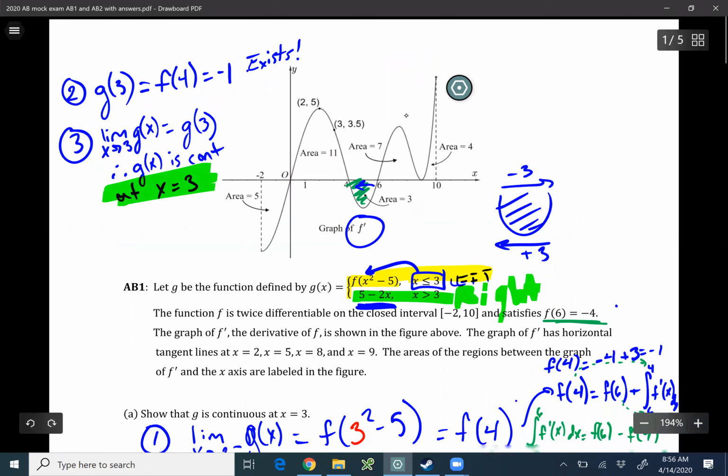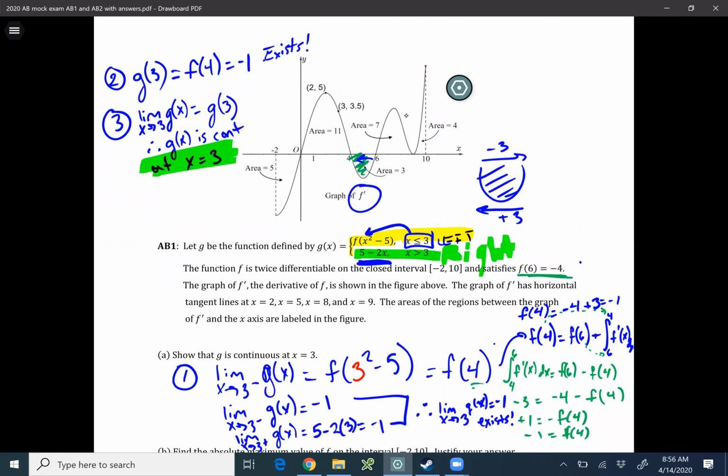What questions, if any, do we have on part A? I know that one was weird. To me, it was pretty tough, but I think it's actually a really good question. So you took the integral from 6 to 4 because they already gave you f of 6? Exactly.